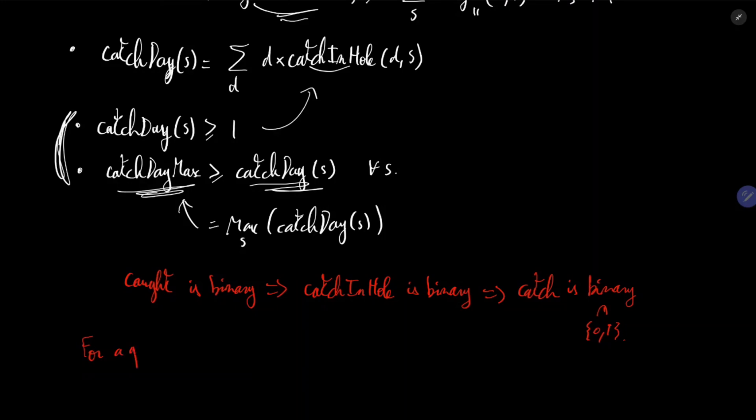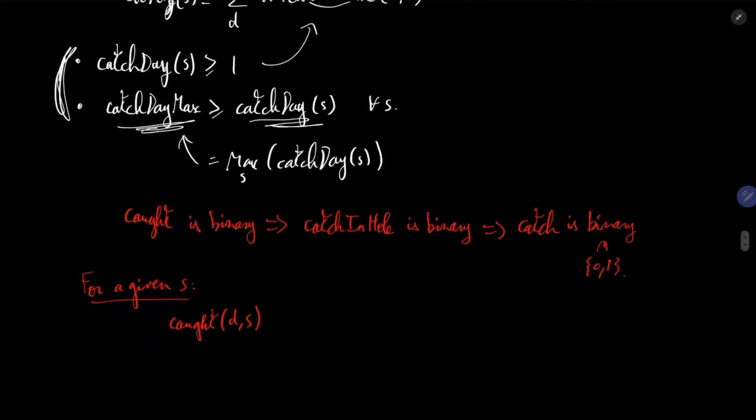So let's assume that for a given scenario S, we have cut DS that is equal to 0 for a specific day.